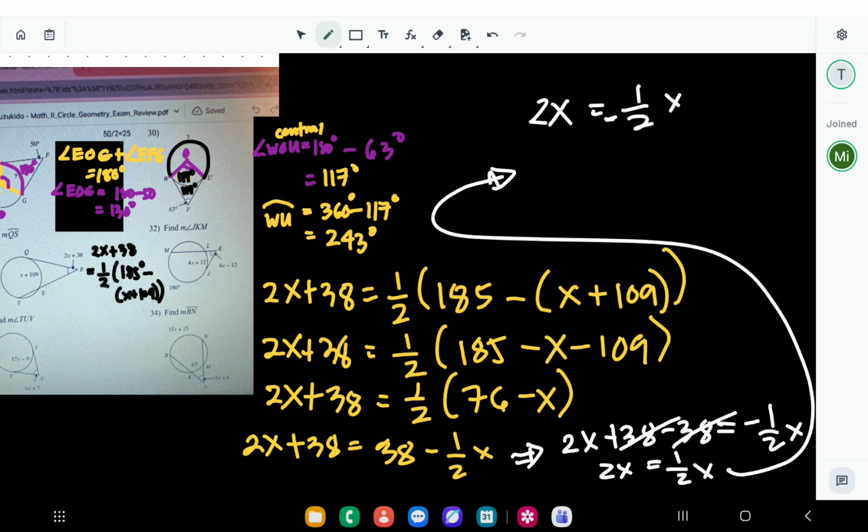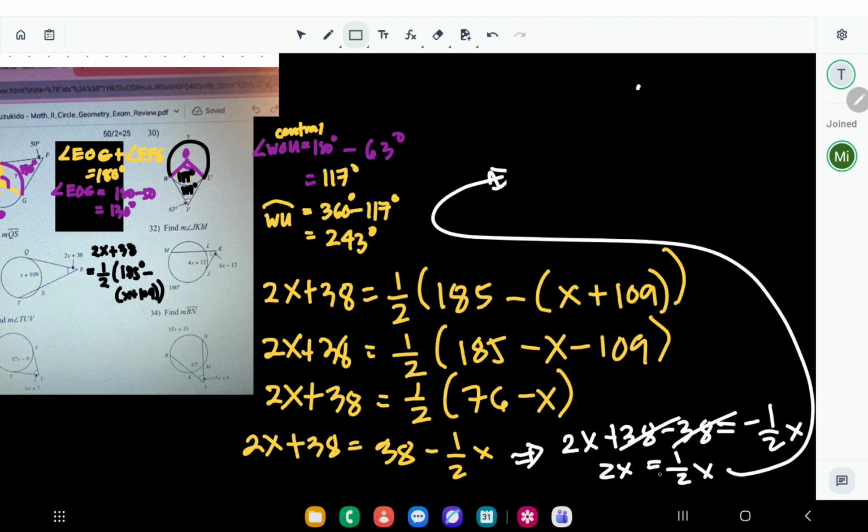So that is 38. 38 minus 1/2 x. Then 2x plus 38 minus 38 is 2x. 2x equals negative 1/2 x. Wow. So x is, really, it cannot be 0? Okay. I think we're on the right track.